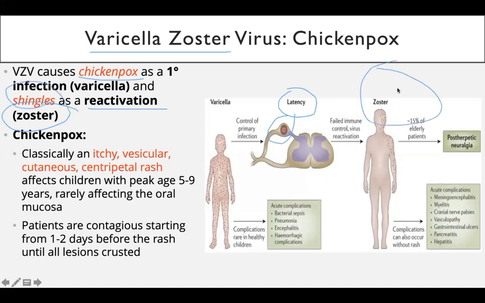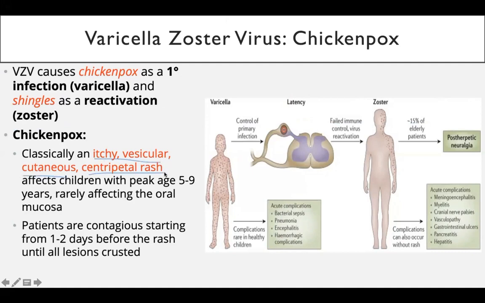This will be shingles, a single virus having two manifestations. So chickenpox, we know in children, itchy, vesicular, cutaneous, and centripetal.